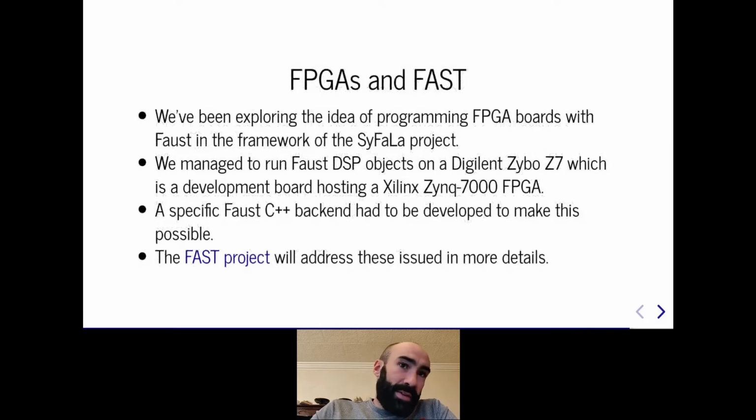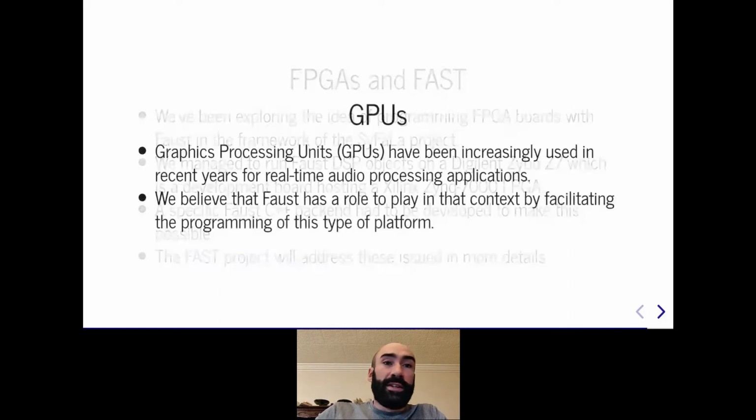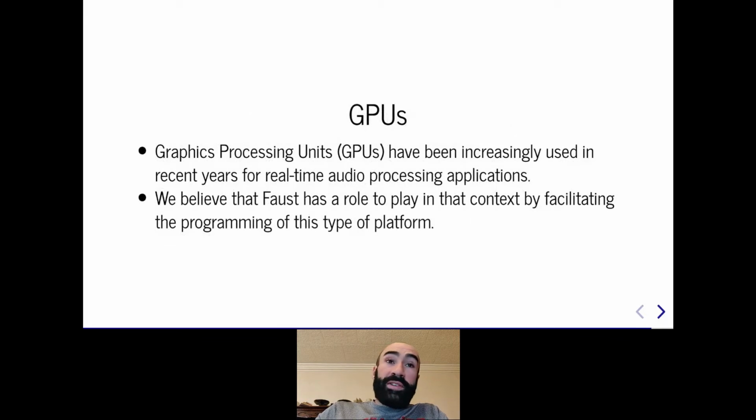The results of this preliminary work are presented in a companion paper by Tanguy Risset, who will also give a presentation about that. We recently got awarded a research grant from the French Research Agency to work on this topic. So the FAST project, which you can see on the slides here, will be launched in March 2021. So we're really going to spend a lot of time working on this.